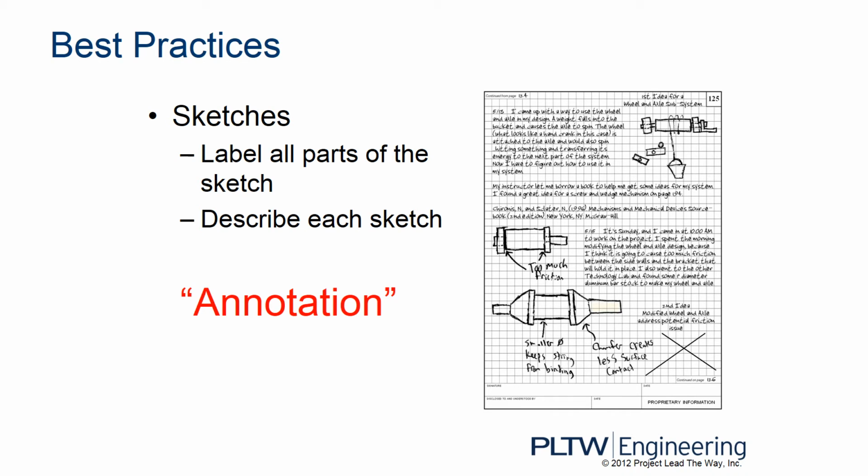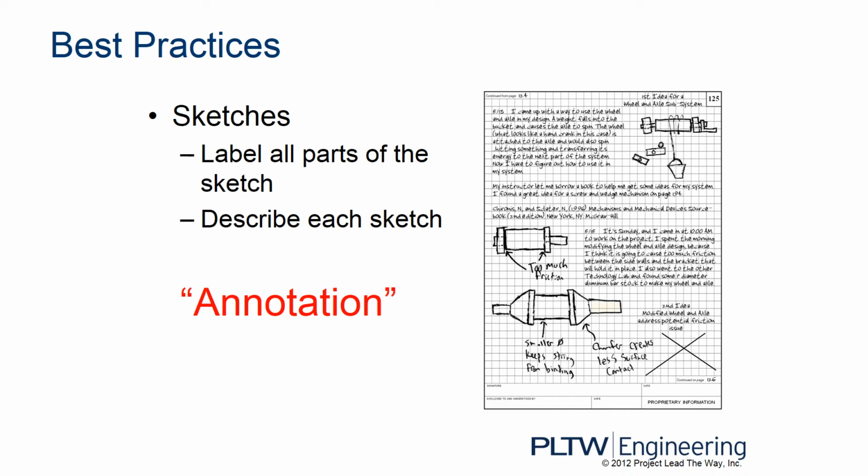So, more best practices. When it comes to sketches, you should label all parts of the sketch. Okay? You should have a name, its function, and its material if it makes sense to have so. I have a wheel bearing. It goes in the axle assembly of my bicycle, and it is made out of stainless steel and Delrin. Okay? It happens to be 2 inches in diameter.